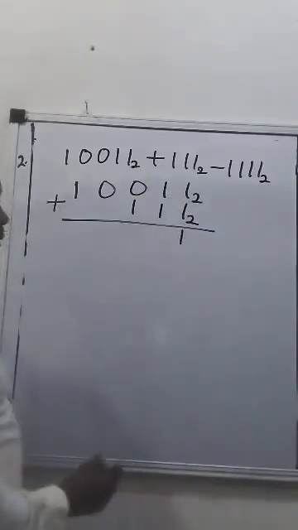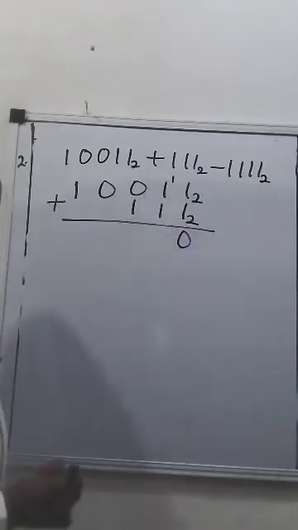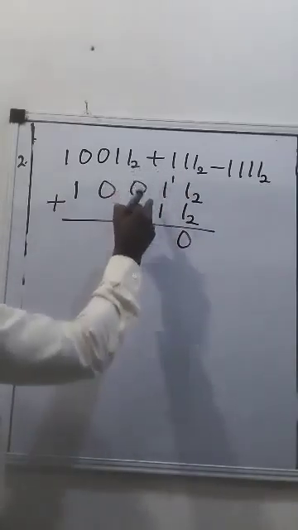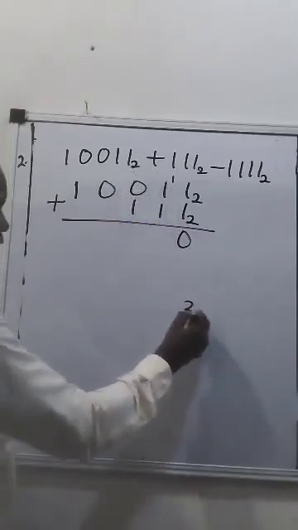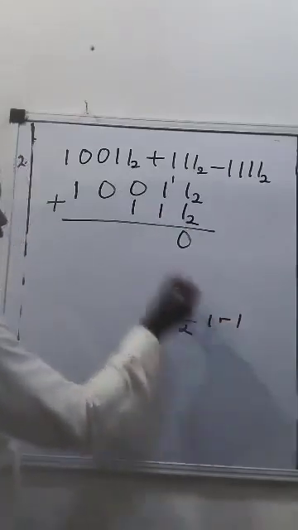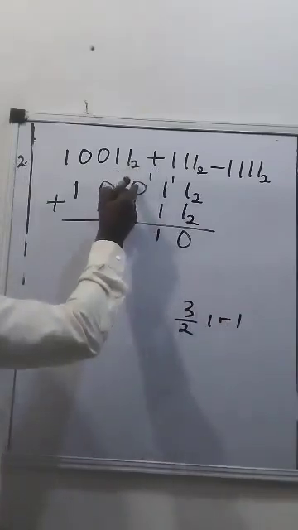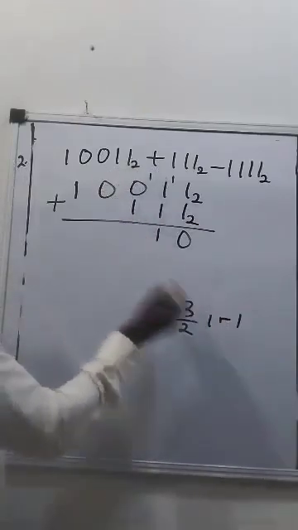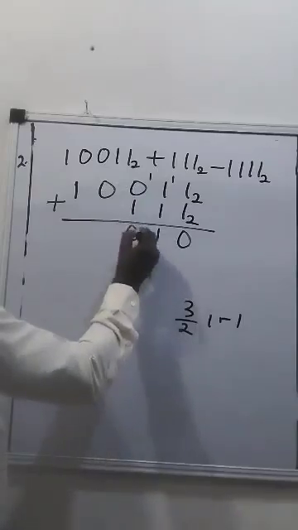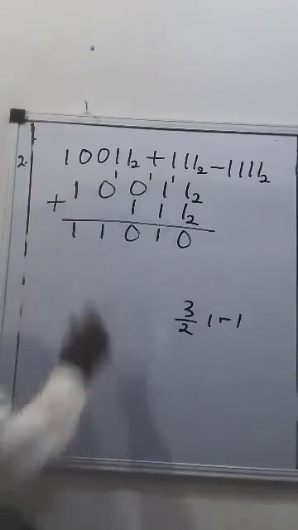We put down 0. Take 1 to this side. So 1 plus 1 is 3. But 3 divided by the base, we have 1, remainder 1. So we have 11. So we put down 1, we take 1 to this place. So 1 plus 0 is 1, plus 1 again is 10. So we put down 0, we take 1 here. So we have 1, then we have 1.